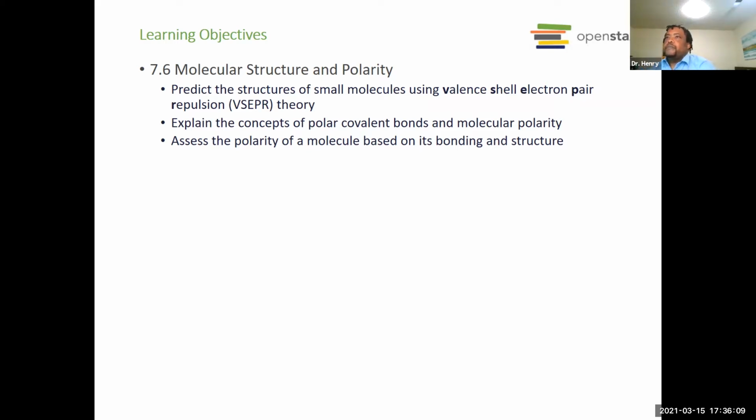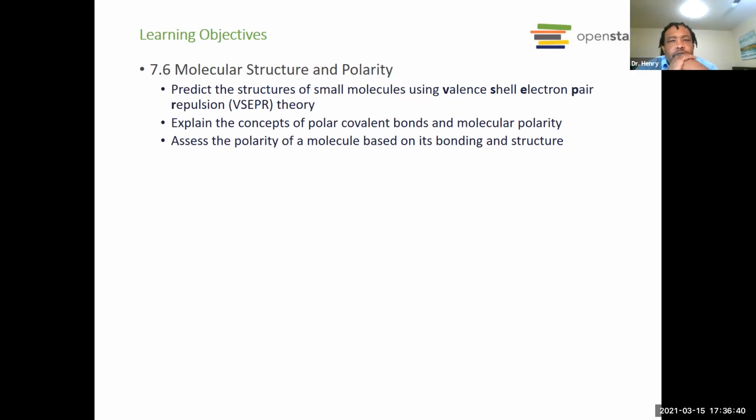Let's see. So today we're going to be talking about molecular structure and polarity. A lot of what we're going to be talking about is called the valence shell electron pair repulsion theory, or VSEPR theory. Now we're going to be taking into account lone pairs and how lone pairs affect our structure, in addition to how many different atoms are attached to that center atom.